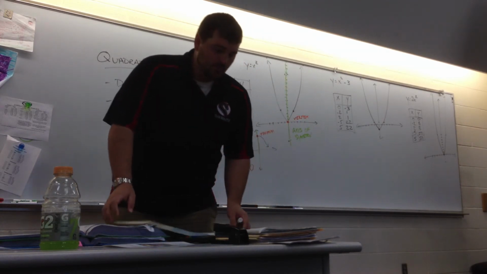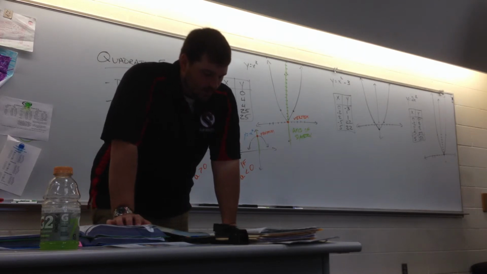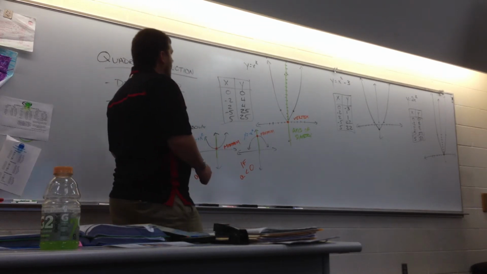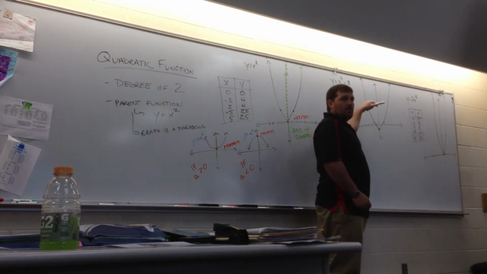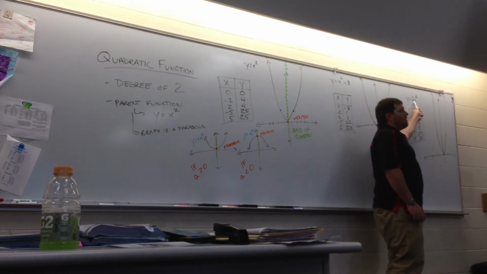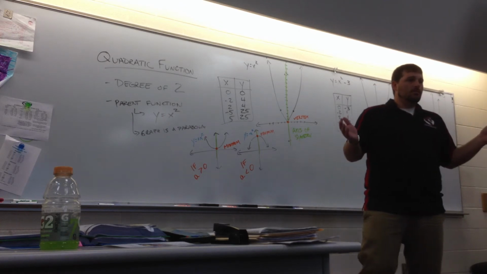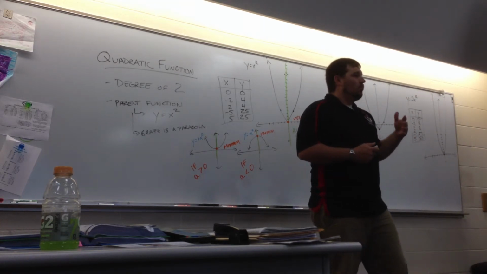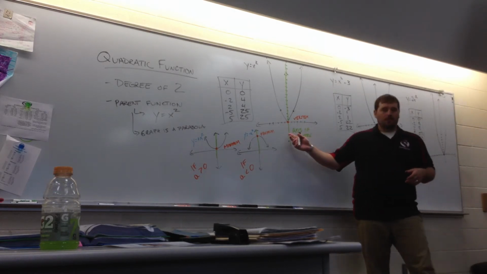Now, when we're graphing these parabolas, we can use the knowledge that when we put something on the back, it either moves it up or down. And when we have a coefficient other than 1, it either makes it skinnier or wider. We can use that to see what a different graph is going to be compared to the parent function.